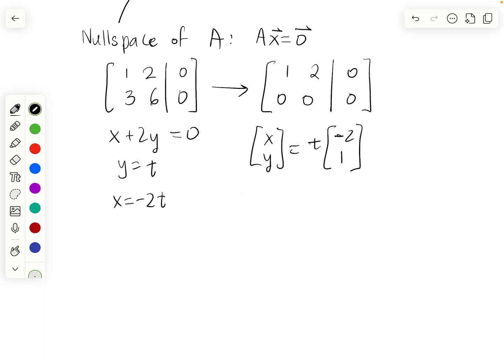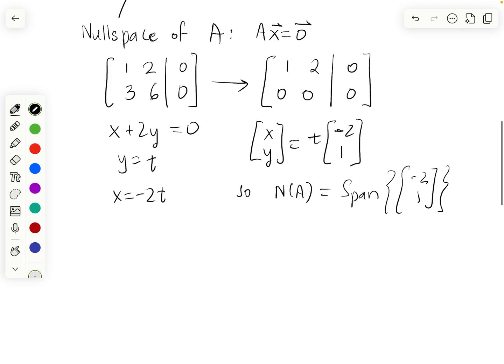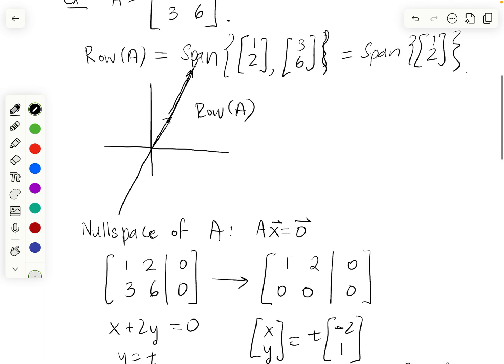So the null space of A is the span of negative 2, 1. Okay, so where's negative 2, 1 here? So I labeled the vector here 1, 2, and then negative 2, 1. Let's put that in a different color. So negative 2, 1 is like here.